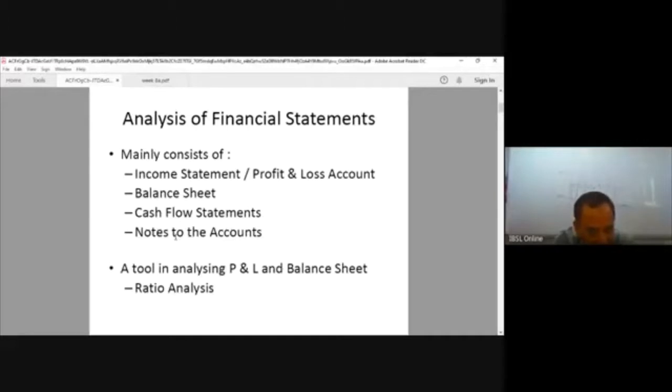Cash flow statements are normally taken for a particular period. That's like the income statement, but the difference between these two statements is very significant, and you all should understand it.